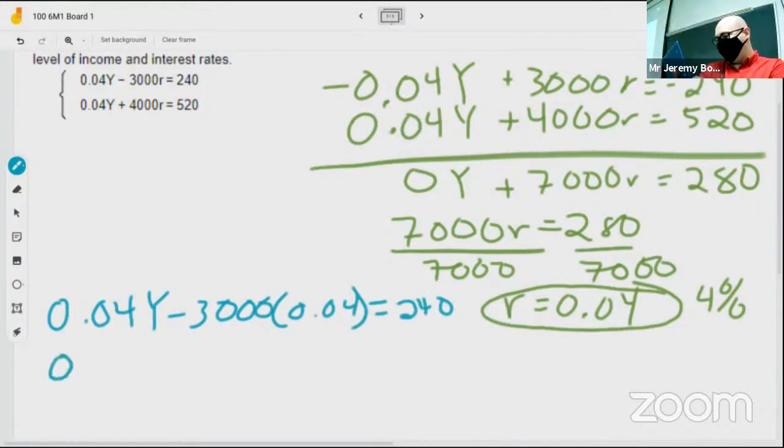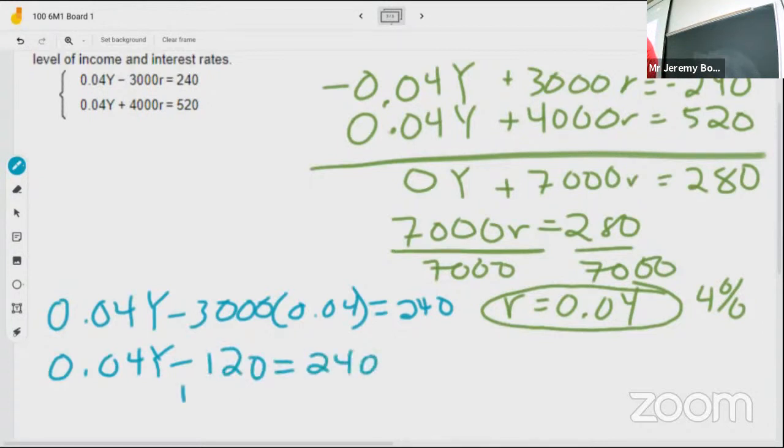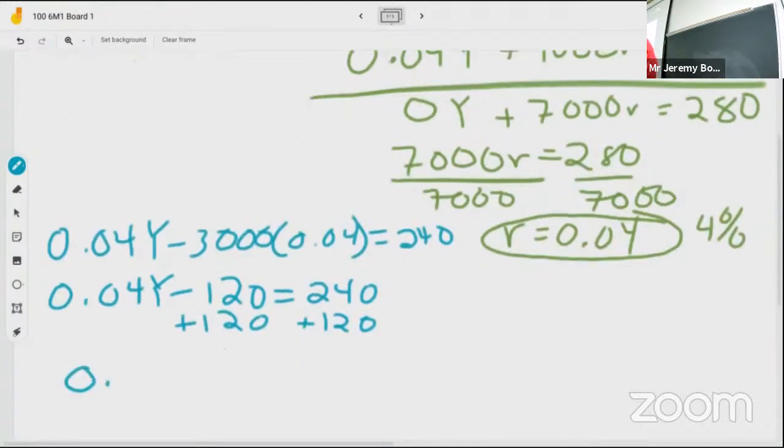So this is going to be 0.04 y, and 3,000 times 0.04 is 120. So we're going to add 120 to both sides. I have 0.04 y is equal to 360, and then divide by 0.04.